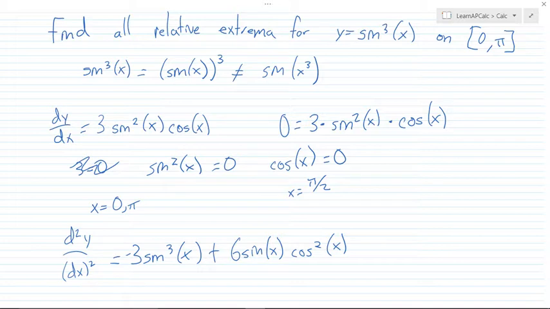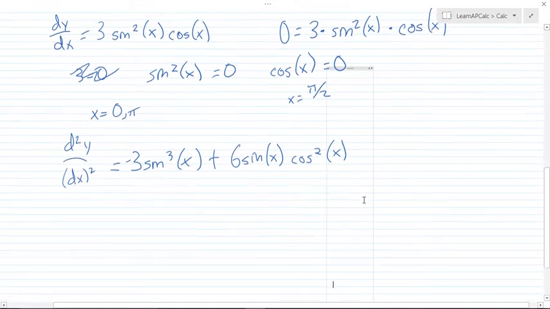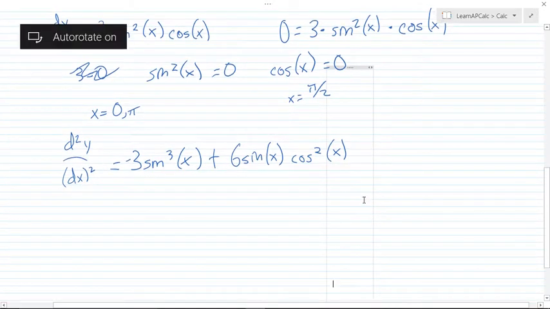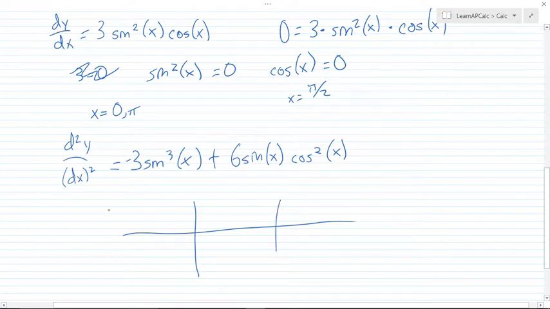Okay, so we now need to plug these values into our second derivative. So if you remember our first derivative test, we did it like this. Well, that's how we did the first.